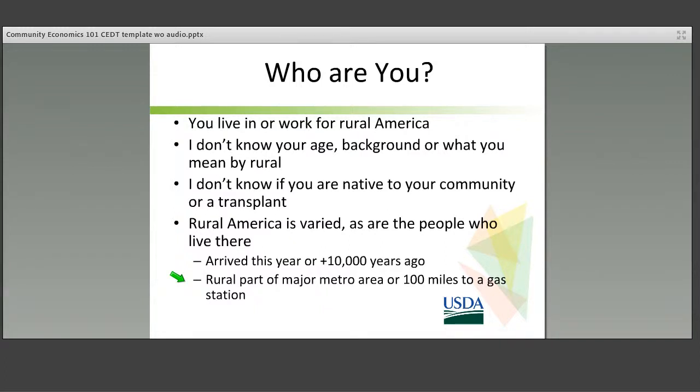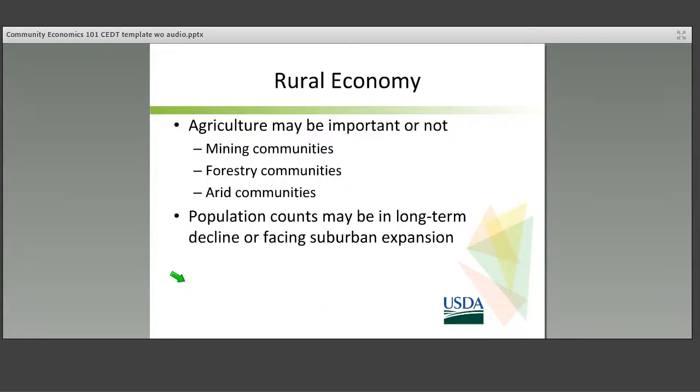It's an awesome place. There's all kinds of things going on, and so it's a challenge for USDA rural development people to figure out how to fit into all of this variety with the programs that they have available, which are very valuable to advancing rural America. There are certainly some things about agriculture that vary across the United States.